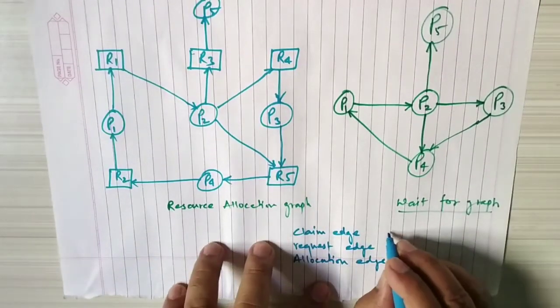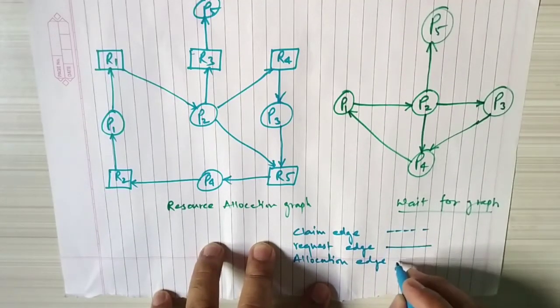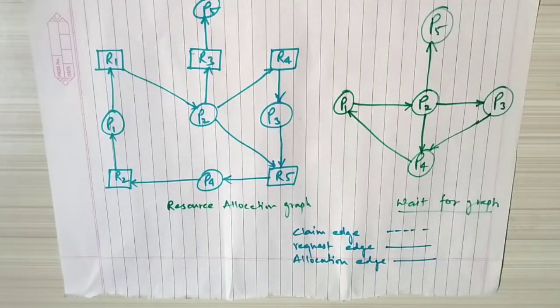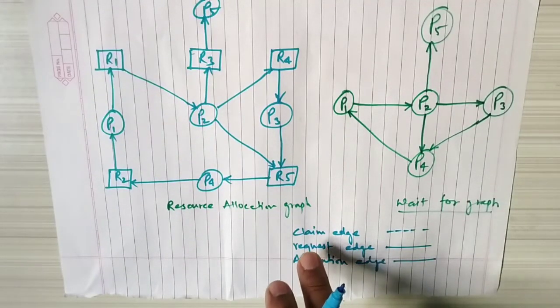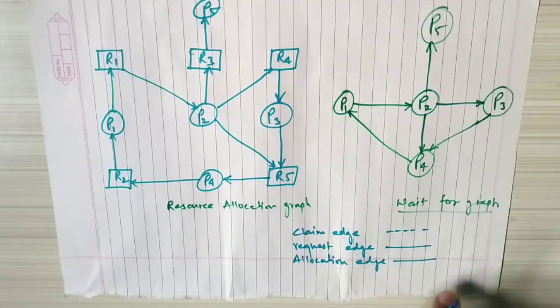The claim edge is represented using a dotted line. The request edge is represented using a solid line. First the edge remains a claim edge, then it is converted into a request edge, then into an allocation edge, and then again into a claim edge.